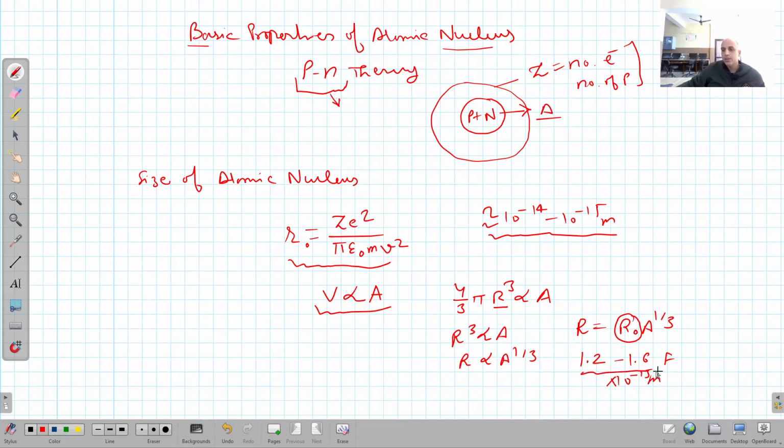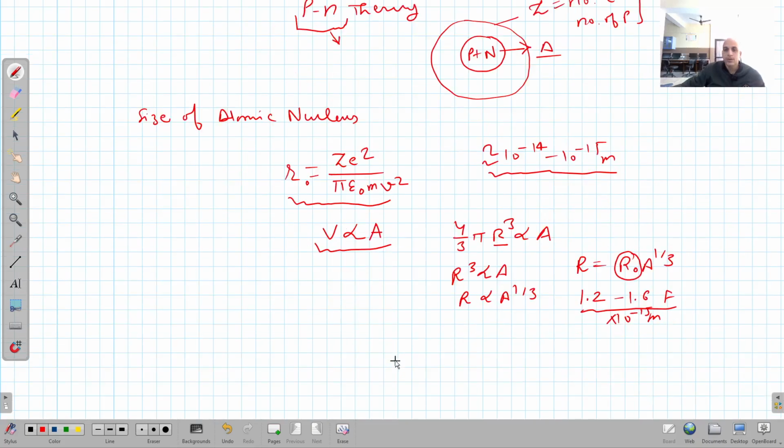So this is the relation for finding the radius of the atomic nucleus of different atoms, R is equal to R naught A power 1 by 3, right? So this is about the size of the atomic nucleus. By putting the value of A, I can find the radius of any atomic nucleus, right?